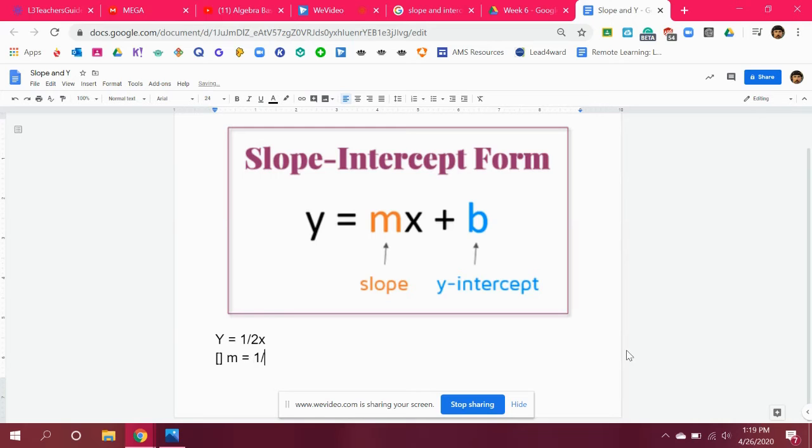M would still be 1/2. And now, whenever I type that in, whoops. My B equals 0. Because there is no y-intercept, it crosses through 0. Does that make sense? Okay, good.